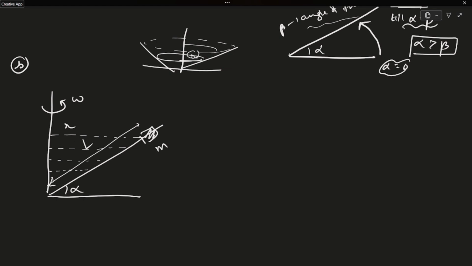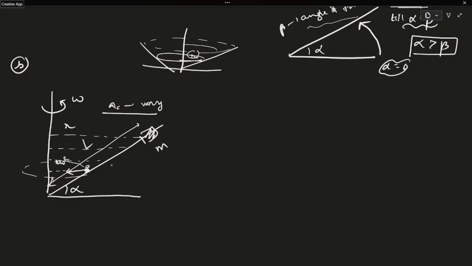As the radius is changing, suppose I am at this point, I will have a centripetal acceleration r omega square towards this axis. So as r is varying, this centripetal acceleration will vary.